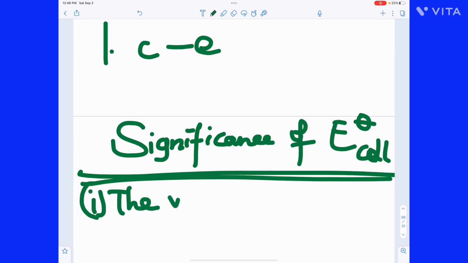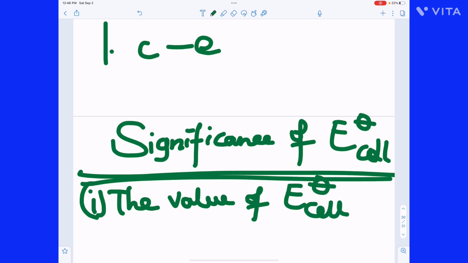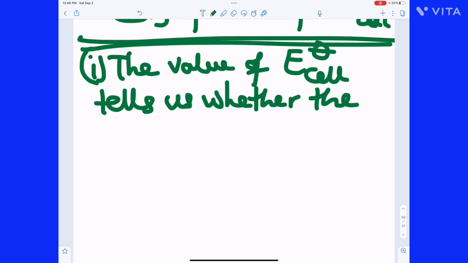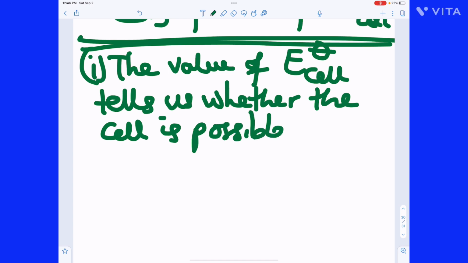The value of the standard electrode potential of a cell tells us whether the cell is possible or not.